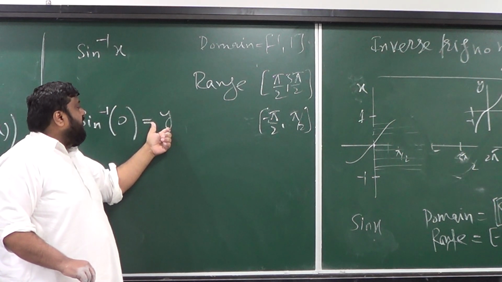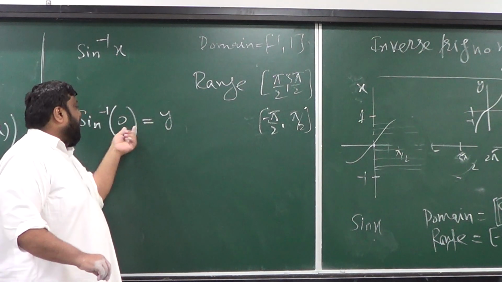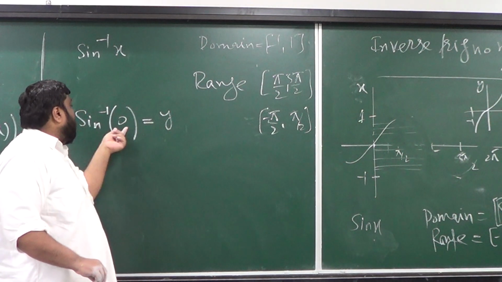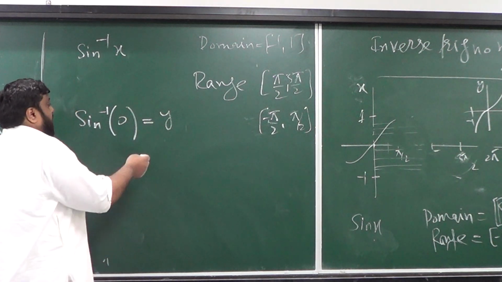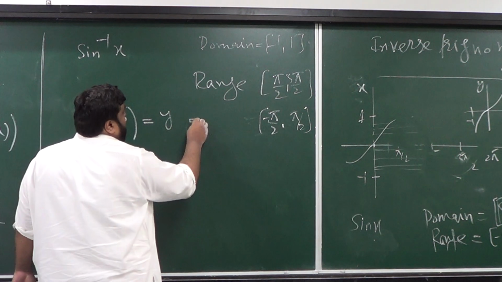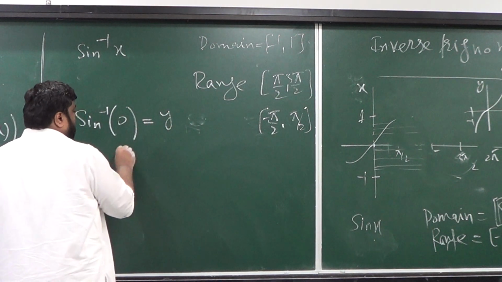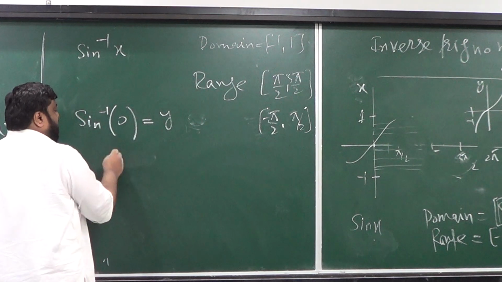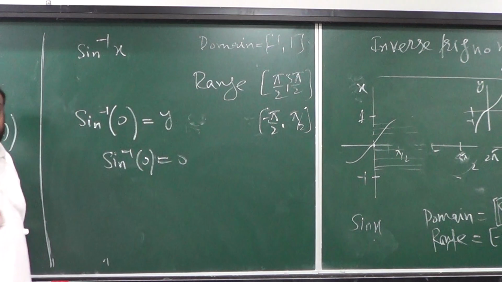Then you are basically asking, what is the y? In other words, what angle of the sine would give you 0 as an output? So y must be 0. In other words, sine inverse of 0 is really 0.